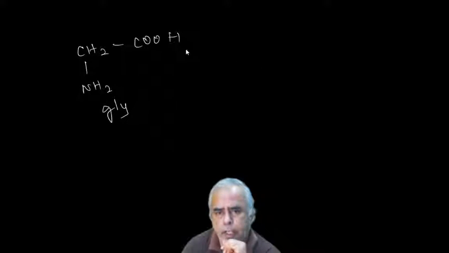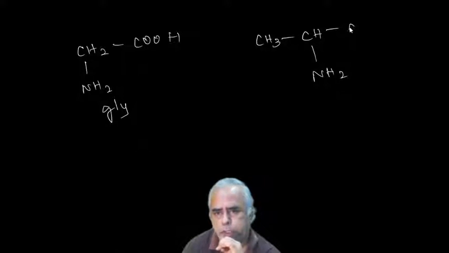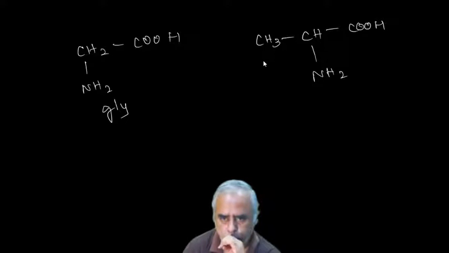Similarly, you can have, this is alpha amino acetic acid. Similarly, alpha amino propionic acid. That is, this is one amino. What about this? This is the COOH group. So from here, 2 amino. And suppose if it is like this, CH3, CH, NH2, and then COOH. This is called 2 amino propionic acid, is it not?